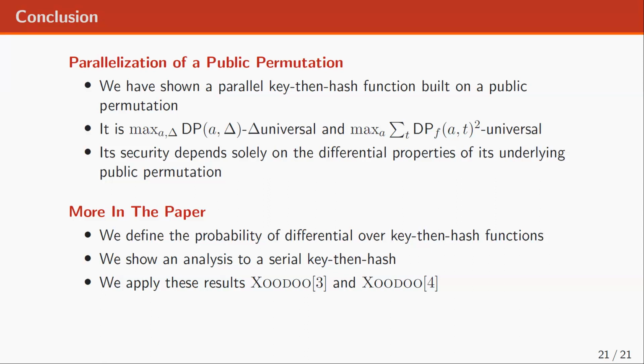We see that under some reasonable assumptions, there is a gap between max DP and max DP squared, making it more compelling to use the parallel construction over the serial one, because you don't miss anything, you make a gain. And that's it.